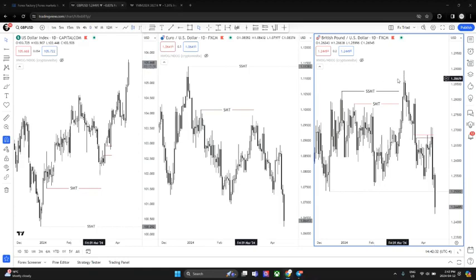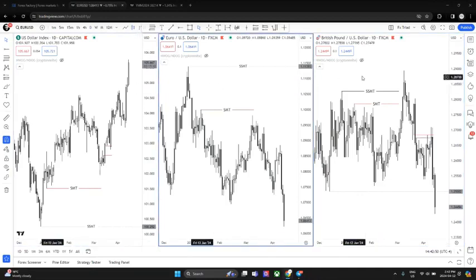What is a premium market? We have premium and we have discount, and this is very important. Premium and discount is very flexible in regards to the triads, when you're comparing markets.